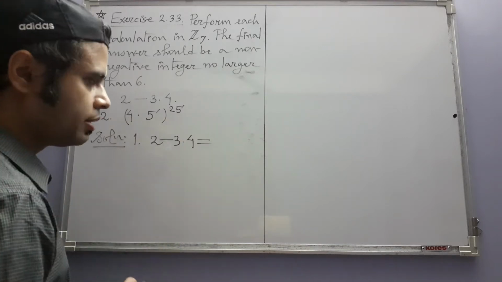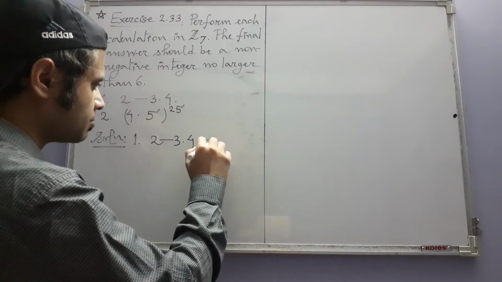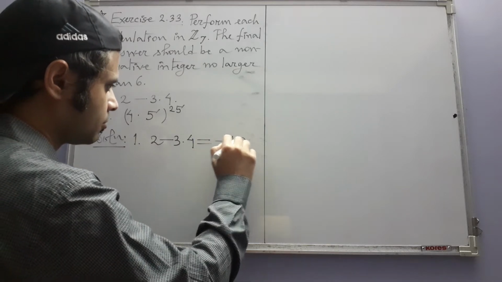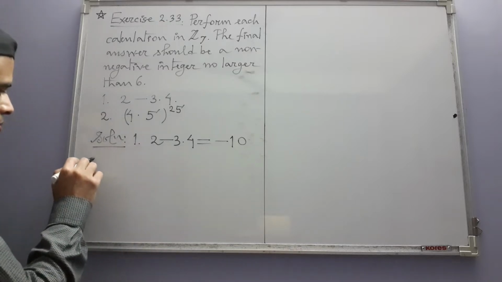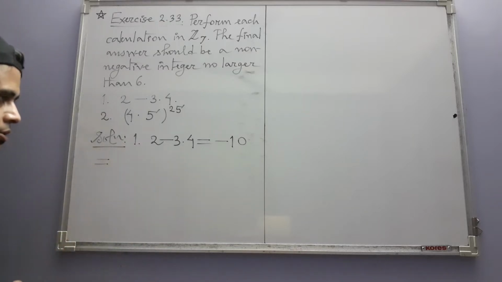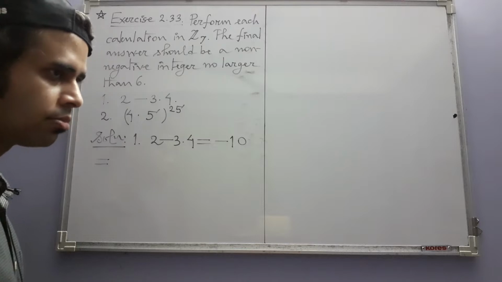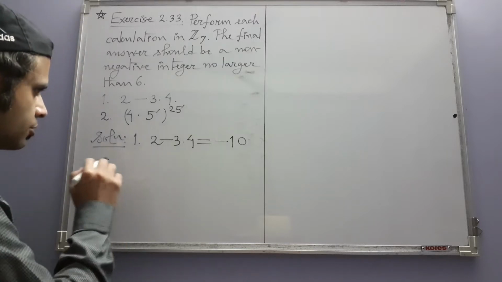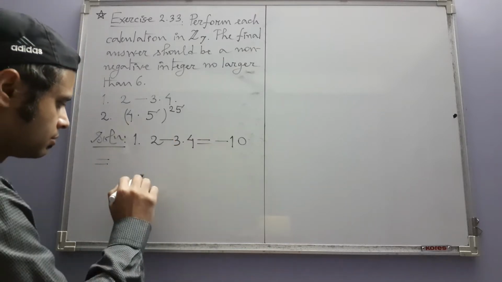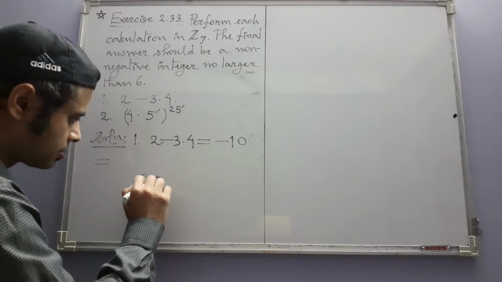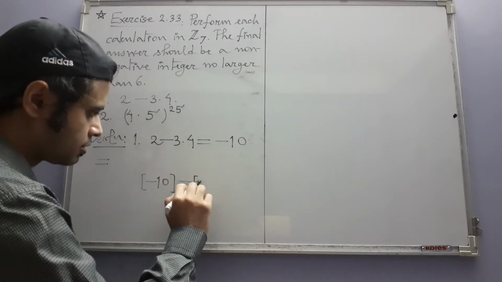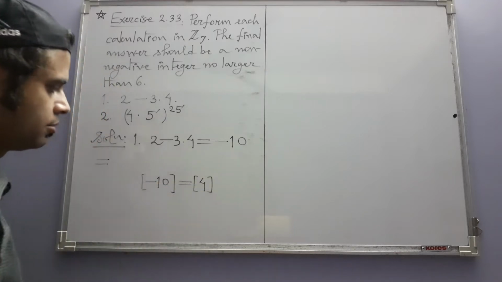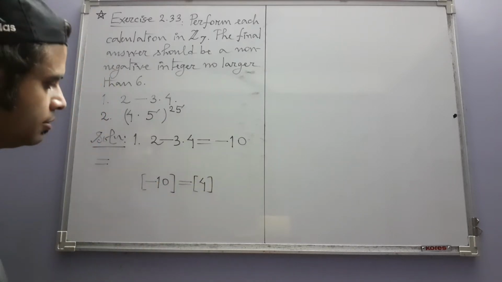Ordinarily, if you calculate this, it becomes minus 10, but minus 10 is congruent to 4 mod 7. So the congruence class containing minus 10 and the congruence class containing 4 modulo 7 are the same thing.